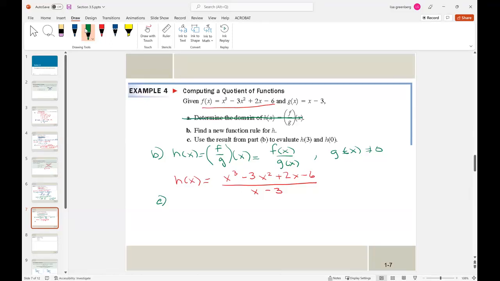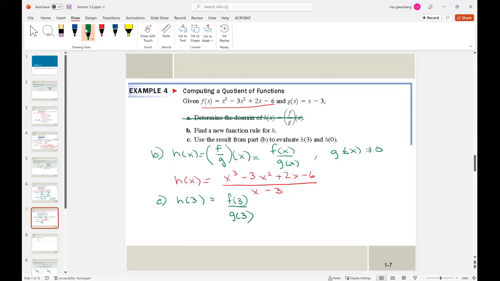Okay, so that's B, and C says find h of 3. I'll show you a different way if this one's more comfortable for you. We know it's going to be f of 3 divided by g of 3. What I can do is evaluate f of 3 and g of 3 before I even begin.